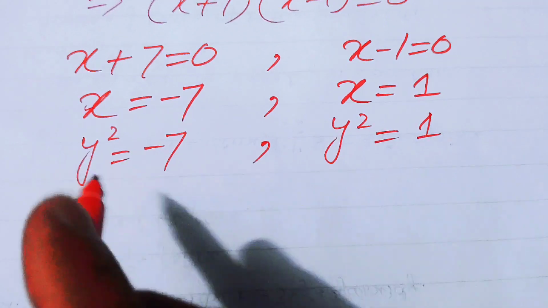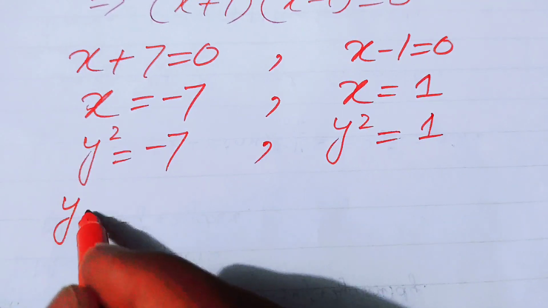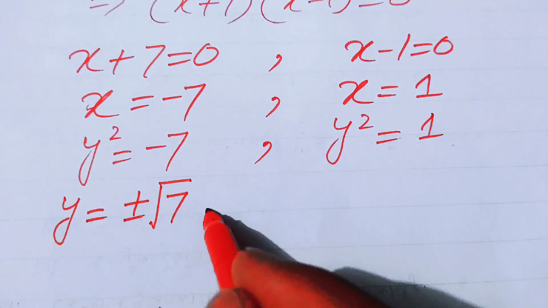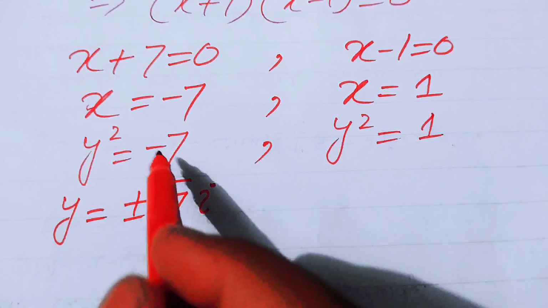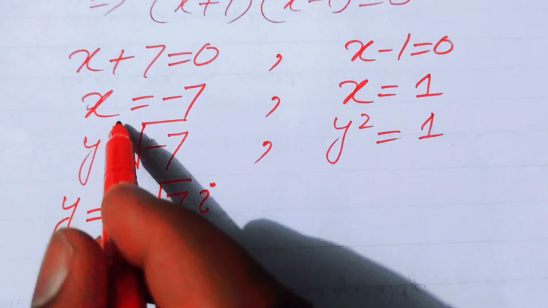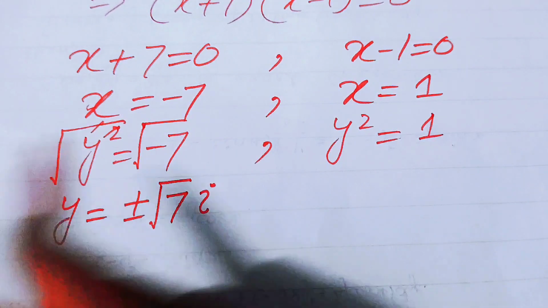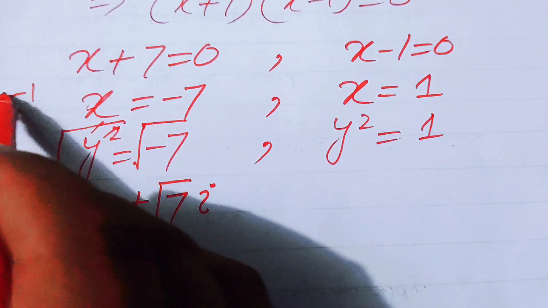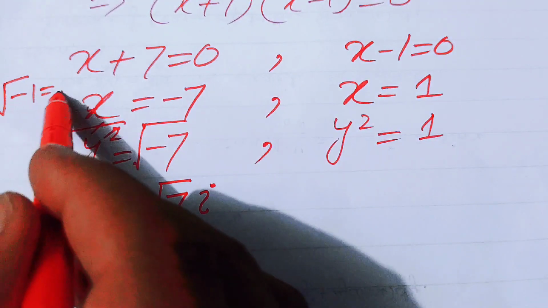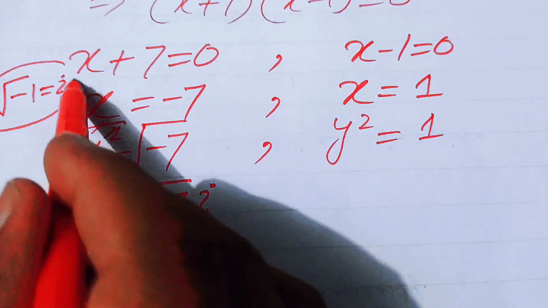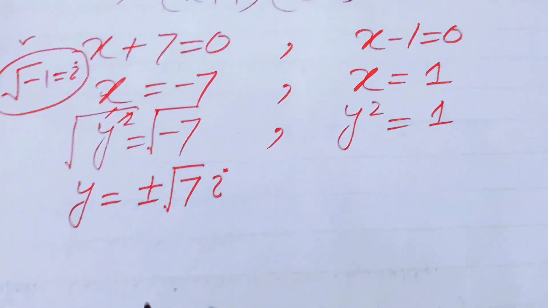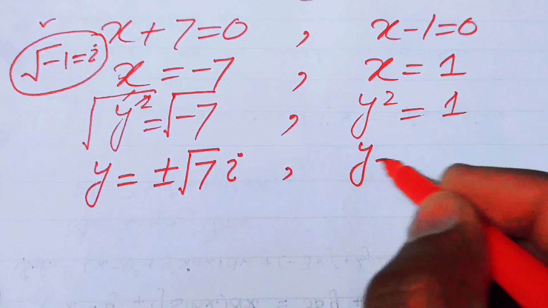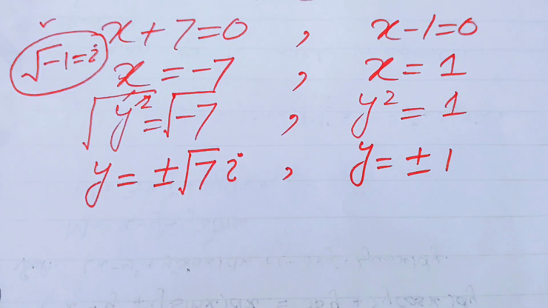So now you can take the square root on both of the sides, and you get y is equal to plus minus square root of 7 iota, because here you have minus 7 under the square root, and you know that the square root of minus 1 is equal to iota. We can apply this fact here. Similarly, here you get the value of y is equal to plus minus 1.